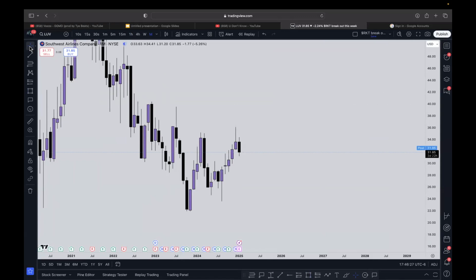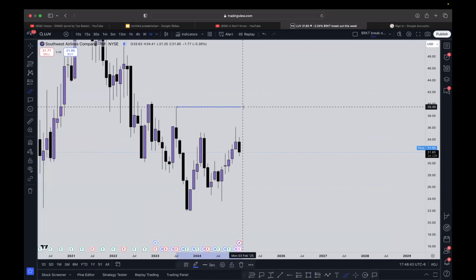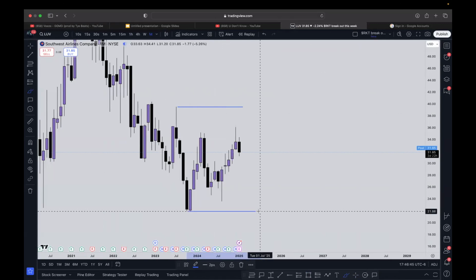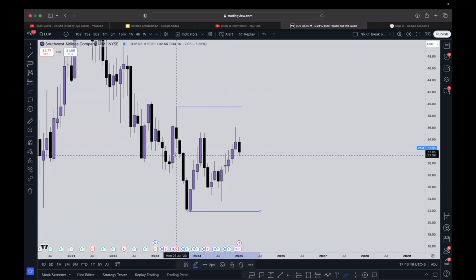In a monthly time frame. Yep, so we're bearish. The range that we're trading within is this high here to this low. So right within a bearish range.